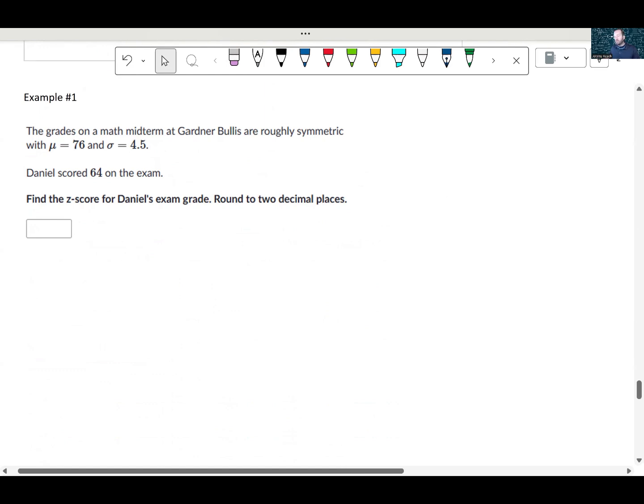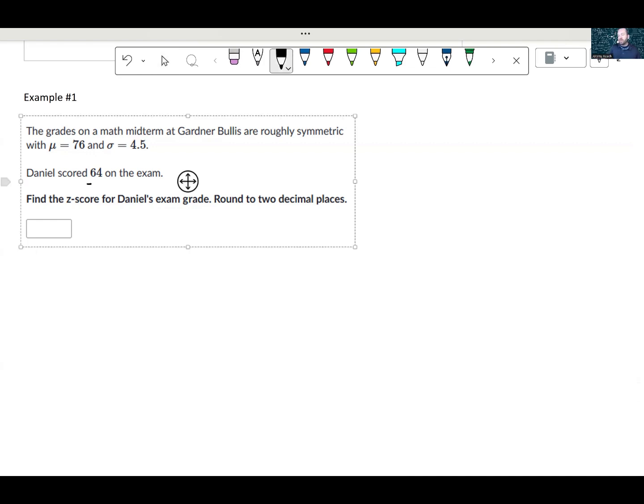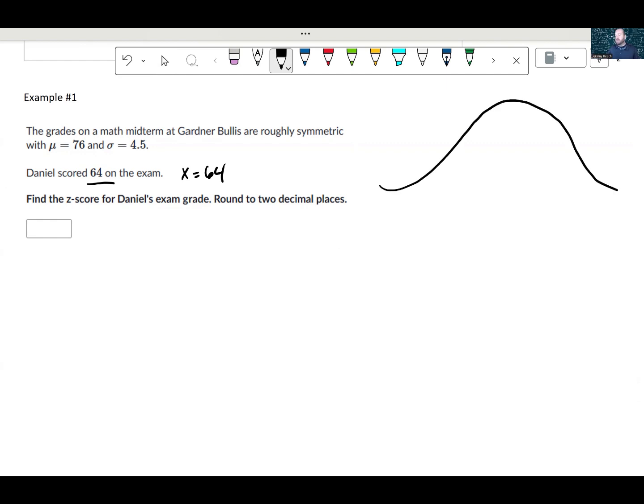We're given, for example, the mean and the standard deviation. And it says that this person scored 64 on their exam. So this is the data point that they give us. This is about grades on a math midterm, and it's saying that they're roughly symmetric, so we're using a bell-shaped distribution for this.